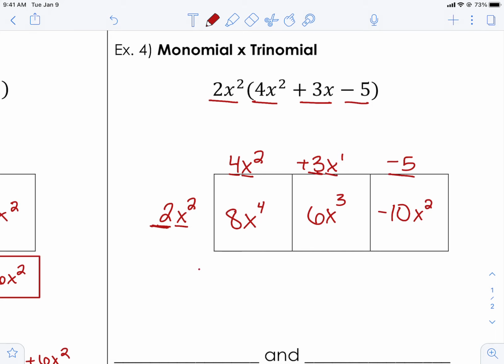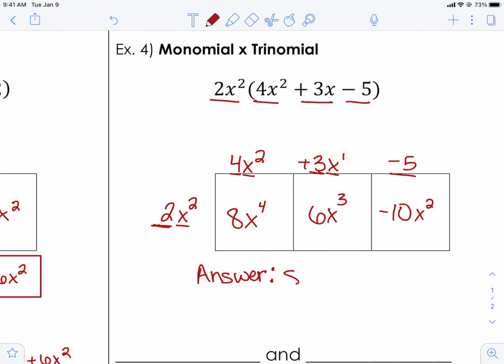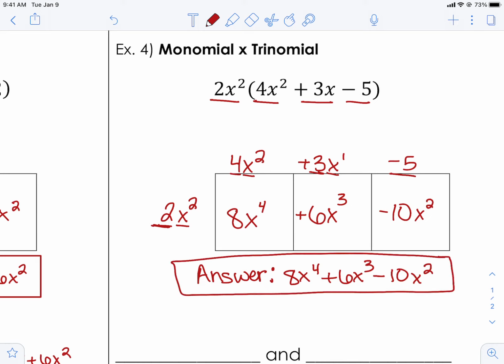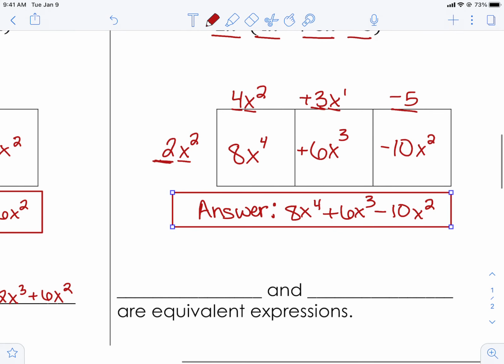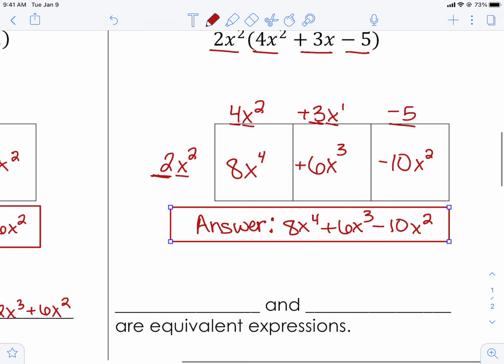So my final answer would be 8x to the fourth, and that was a positive 6x, so plus 6x cubed minus 10x squared. So that would be my final answer. And to fill in the last question, blank and blank are equivalent expressions.